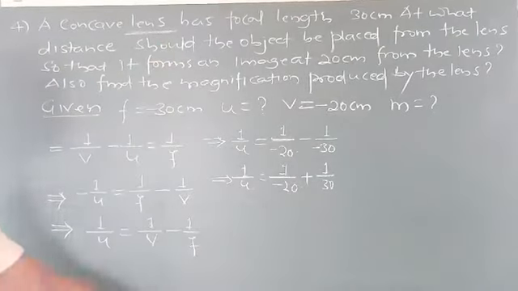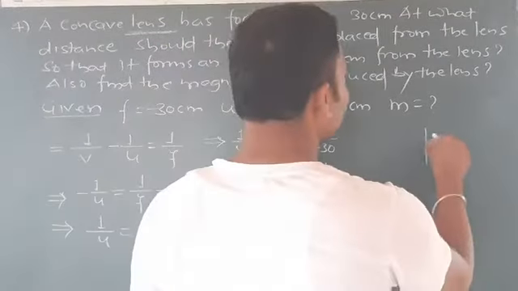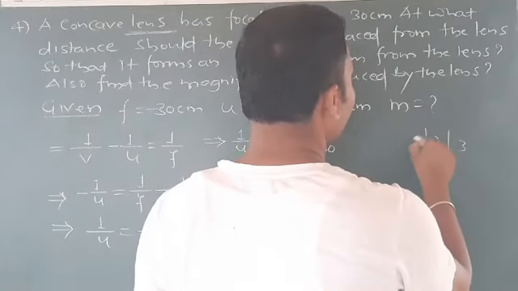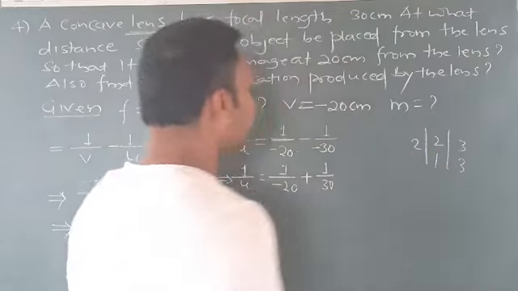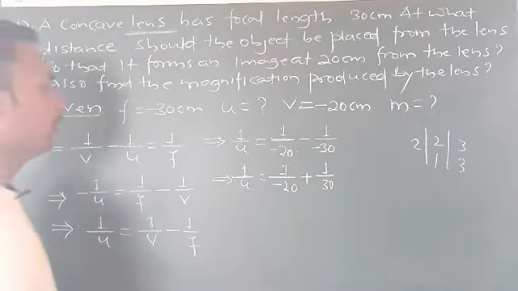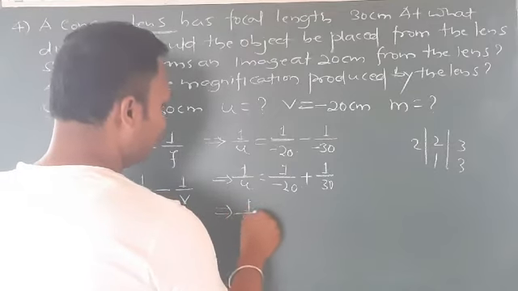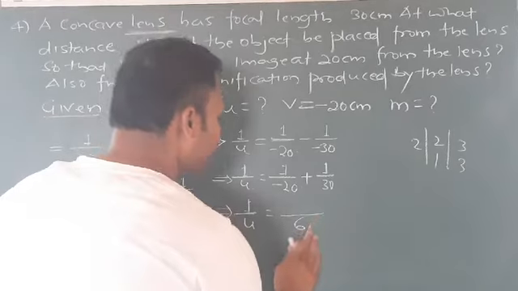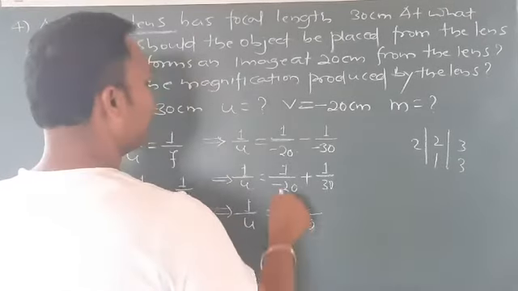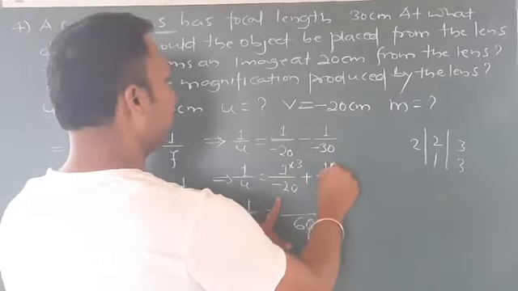Now we can take the LCM of 20 and 30. What is the LCM of 2 and 3? 2 ones are 2, and 3 as it is, 3 2s are 6, so 60 will come. The LCM will come 60. So 1 by u, we have LCM is 60. Now this is 3 times and this is 2 times.